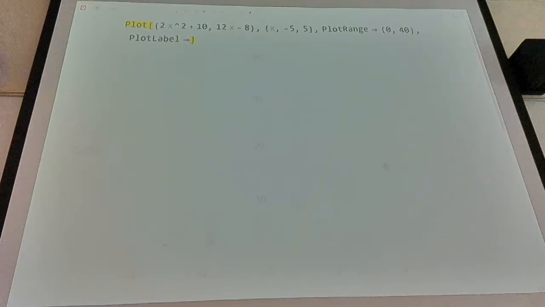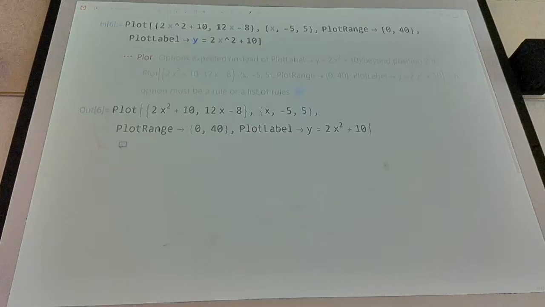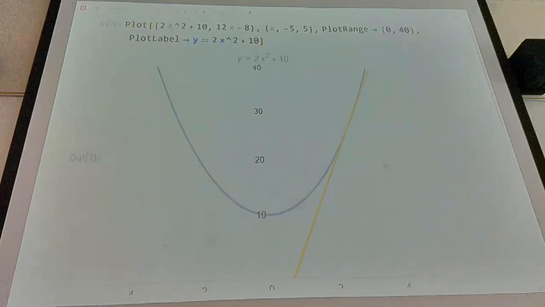This is essentially the title. So we'll convert that into mathematical text.